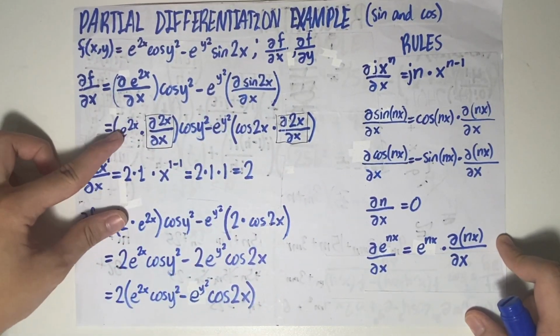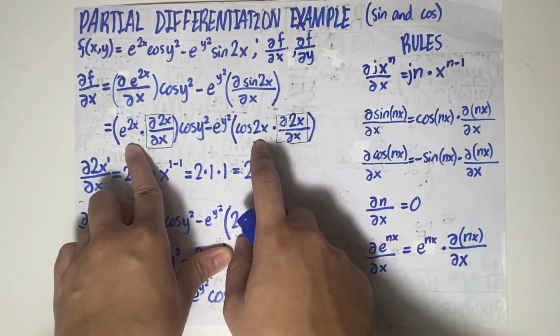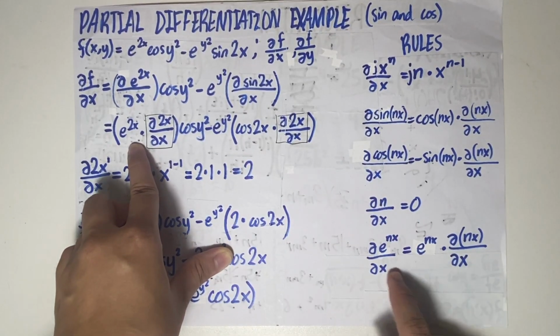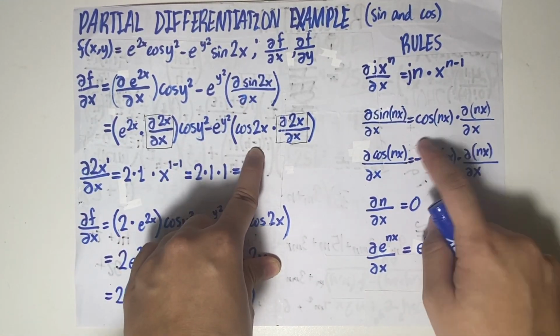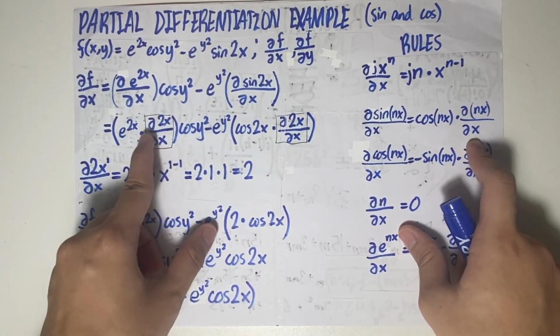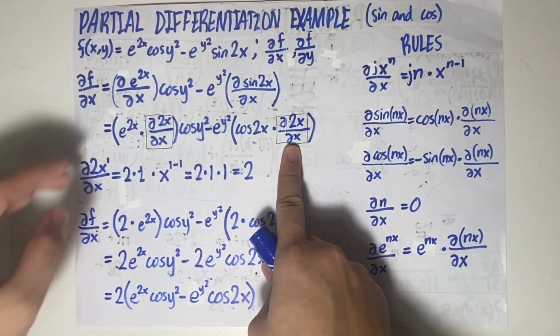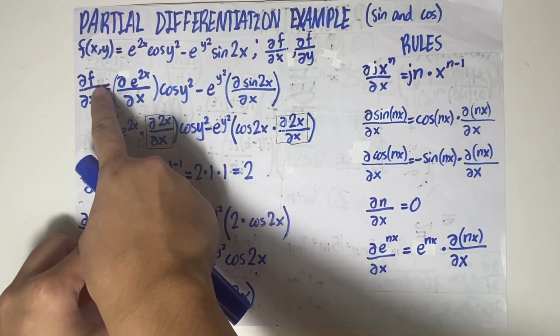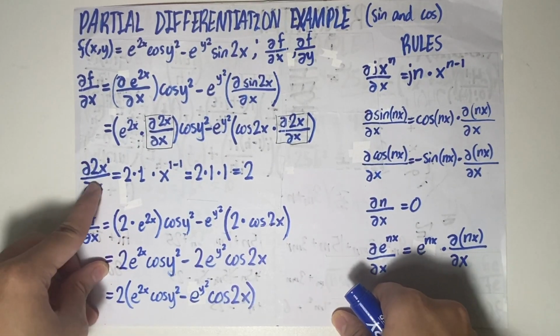We continue with our differentiating rules for e and for sine. The rule for e is over here, the rule for sine is over here. We've applied that, and we recognize that the derivative of 2x is in both of these brackets. So we step away from deriving f in terms of x and differentiate 2x.